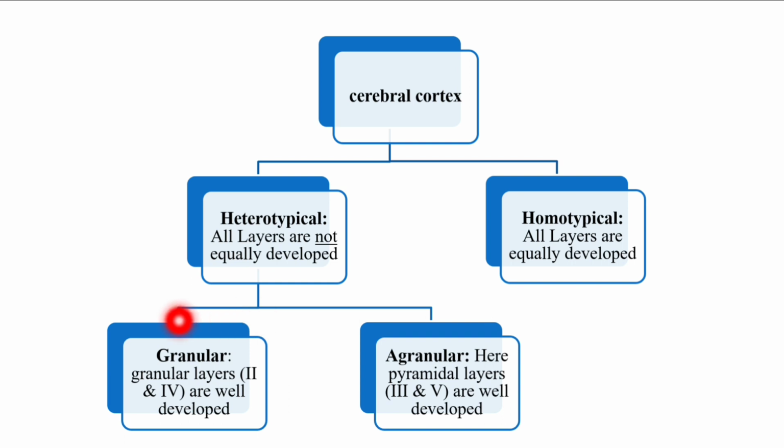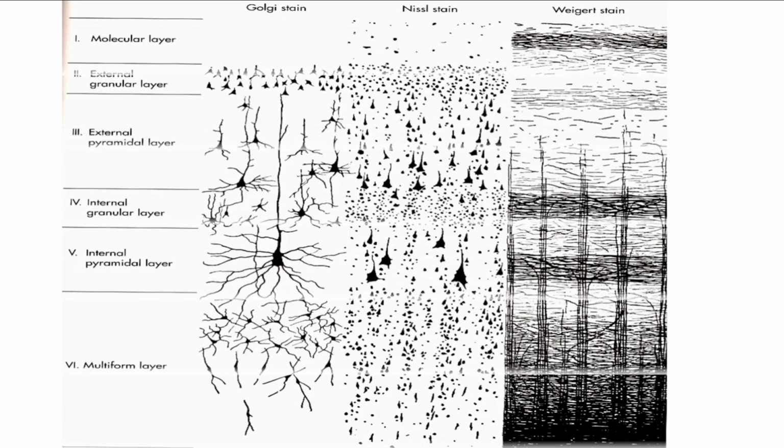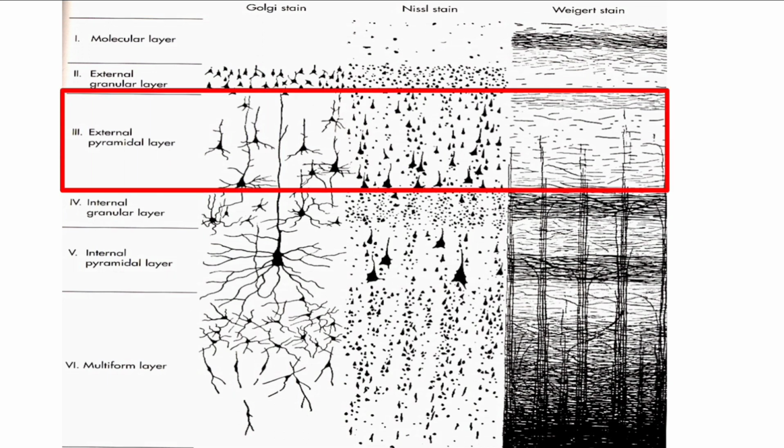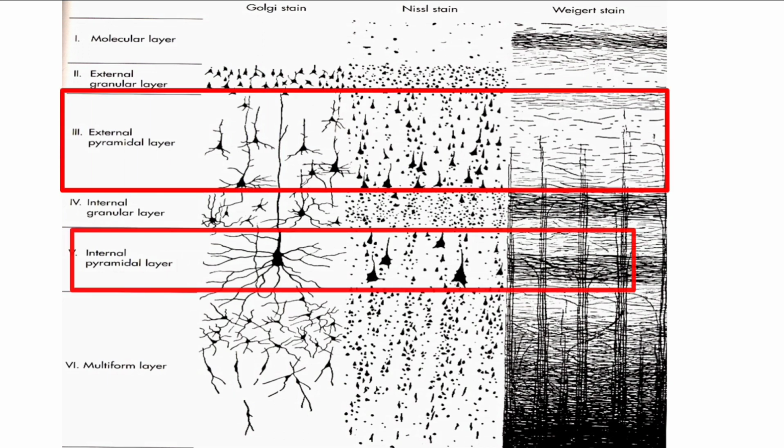In the granular cortex, layers 2 and 4, the granular layers, are well developed, but in the agranular cortex, layers 3 and 5, the pyramidal layers, are well developed. This is the histological map of the cortex. And in the motor cortex, layer 3, the external pyramidal layer, and layer 5, the internal pyramidal layer, are well developed.